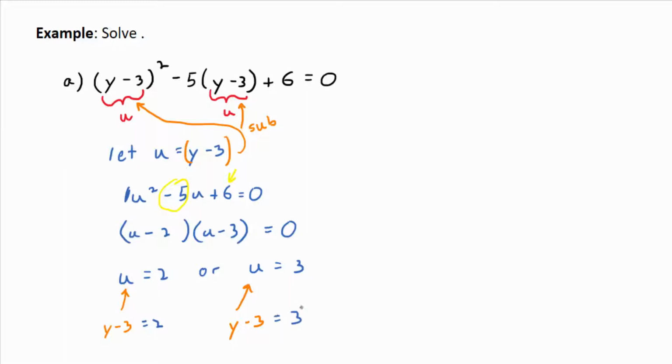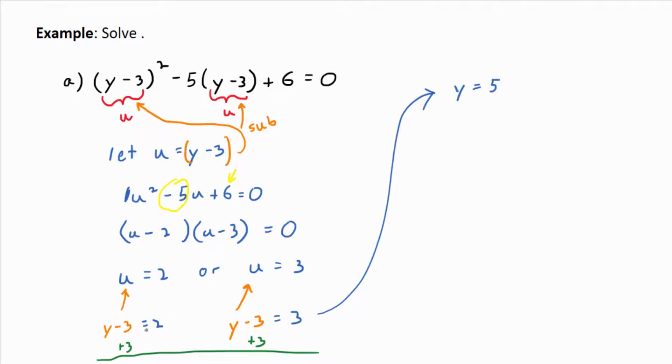So what happens when I solve those little equations? I'm going to add 3 here and add 3 here. I didn't show all the work. I needed to add 3 on both sides, right?